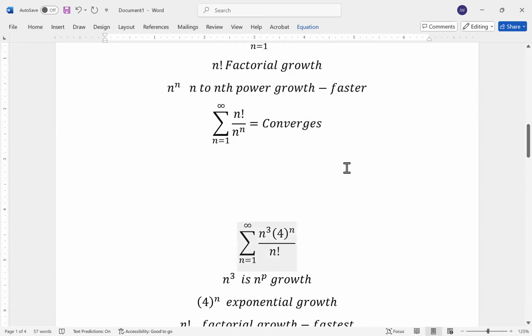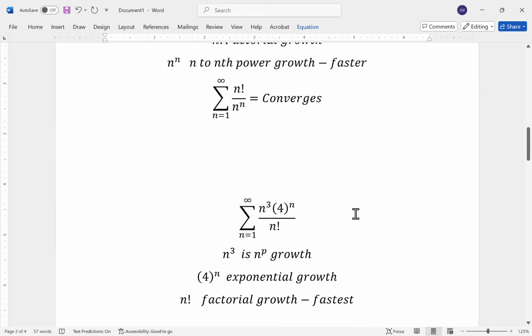Once we see that, we can determine whether the faster growth is in the numerator or the denominator. If it's in the denominator, the terms are going to go to zero very quickly. If it's in the numerator, the terms are going to go off to infinity.